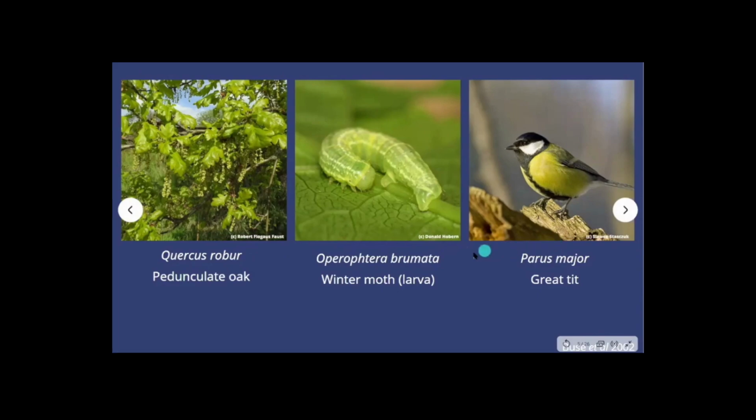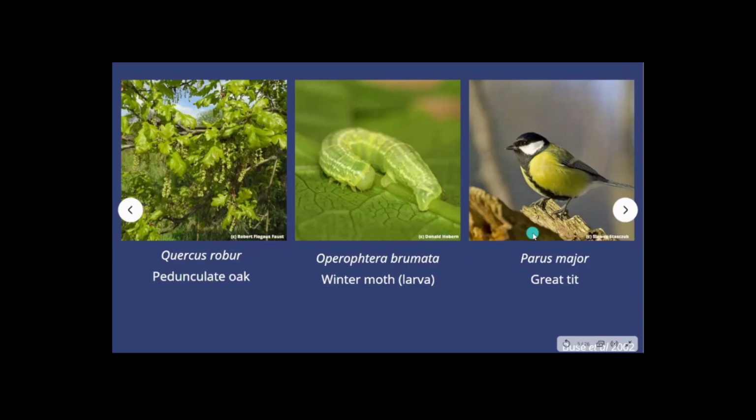So what has been observed lately is that the oak is starting to put forth new leaves earlier than it used to. So there's a change in the time when the new leaves appear, and the caterpillars are also changing their life cycle and appearing early in time to feed on these young fresh leaves.